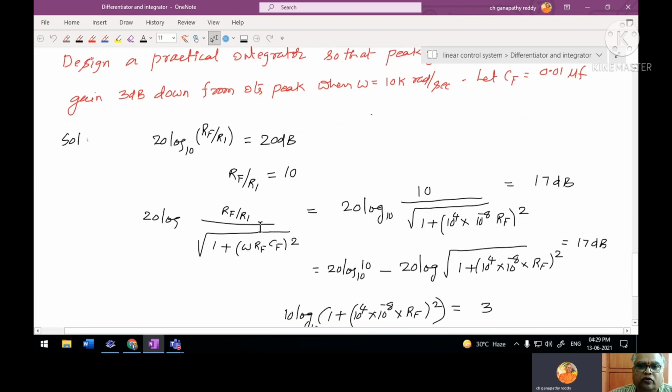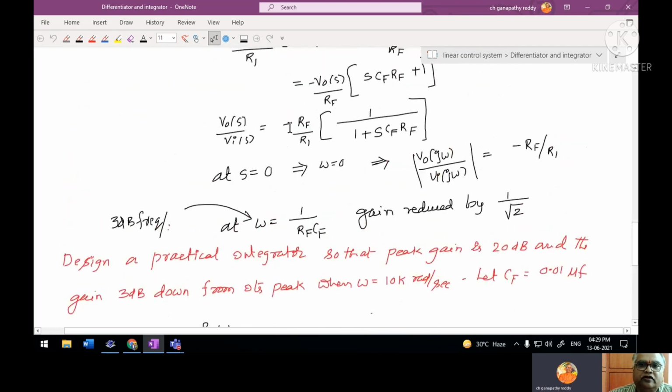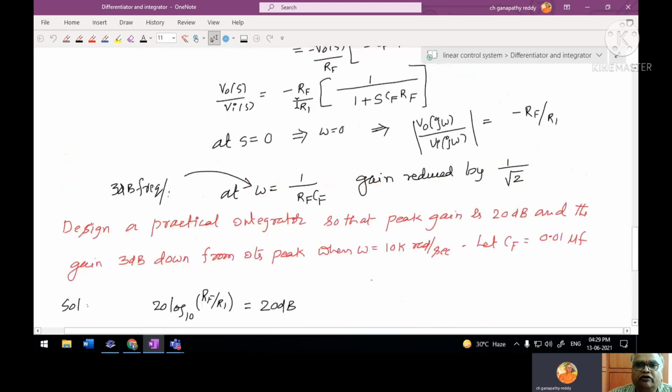Next, look at this expression, minus RF by R1. Because we are talking about magnitude only, that minus is removed. In terms of dB, 20 log RF by R1 divided by the root of 1 plus omega CF RF squared.